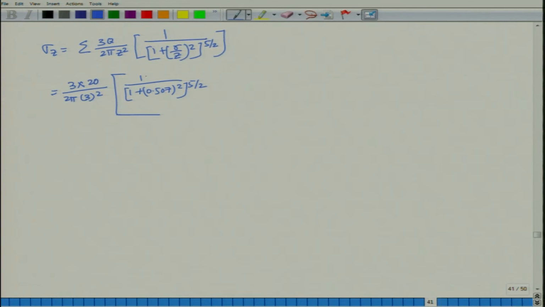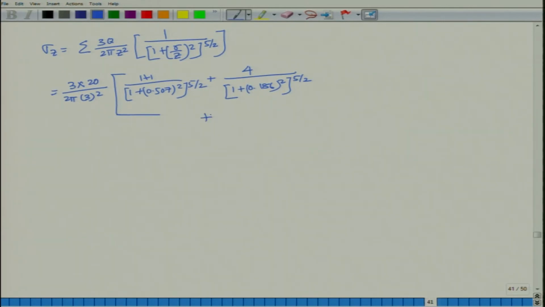Then here there are 4 cases, so 4 by (1 plus 0.186 squared) to the power 5 by 2.